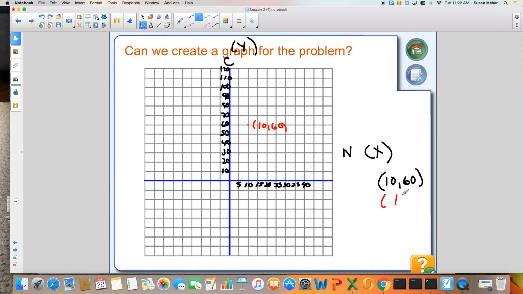Remember that we always write our x value first and our y value second. So I go to 15, follow this all the way up. There is no 75, so I have to do a really good estimate right in the middle between 70 and 80. And I've got 15 and 75.